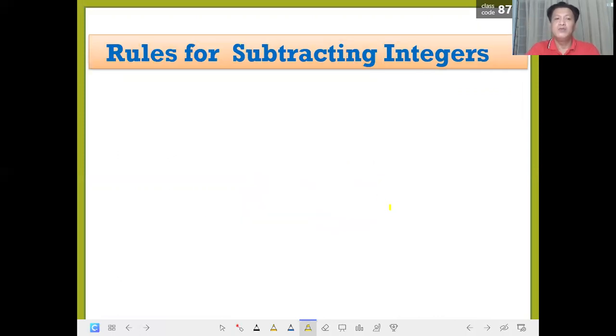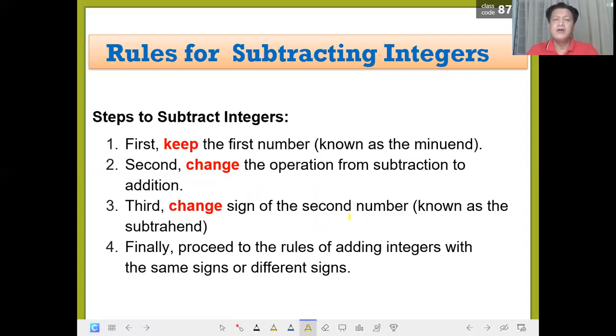Okay, so with that, meron tayong rules for subtracting integers, or these are actually steps. Step 1, first, keep the first number. So yun yung tinatawag natin minuend. Just keep, meaning to say, kopyahin lang natin. And then, second, after you keep the minuend, change the operation from subtraction to addition.